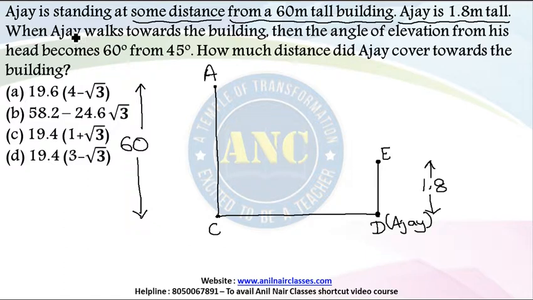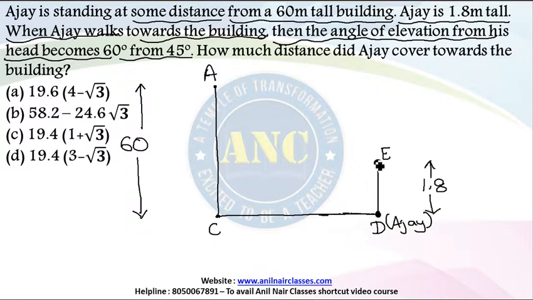Next. When Ajay walks towards the building, that means he is at this point D right now. He kept on walking toward the building like this. Then the angle of elevation from his head becomes 60 degrees from 45 degrees. This is the head of Ajay. Ajay is standing here and the height is 1.8.